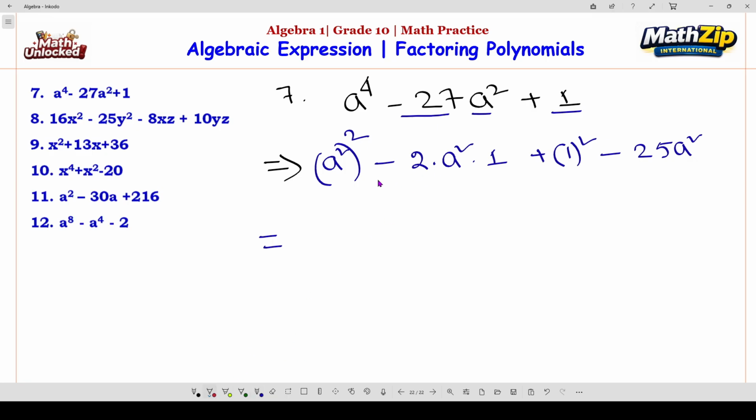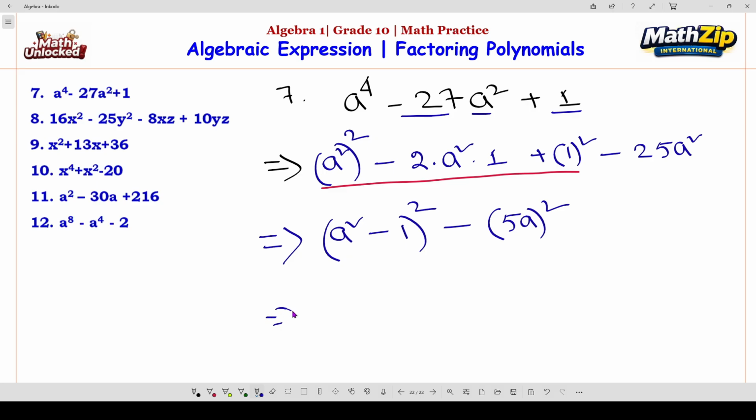Next, from this one we can write, it means a square minus 2ab plus b square, it means a minus b whole square, a square minus 1 whole square, and here is a minus this 25a square, we can write 5a square. Now it's looking a square minus b square, so we can write a square minus 1 plus 5a, and then a square minus 1 minus 5a.